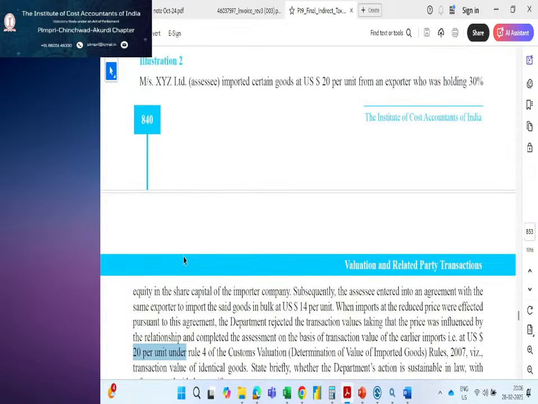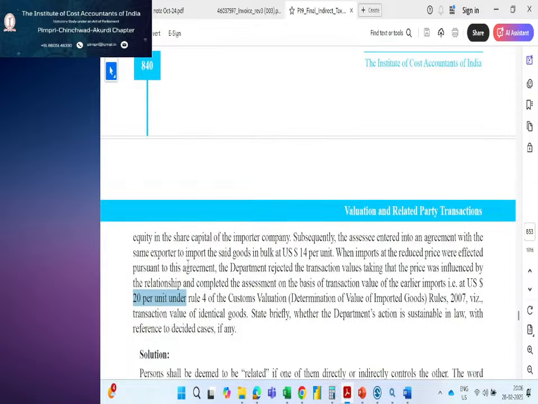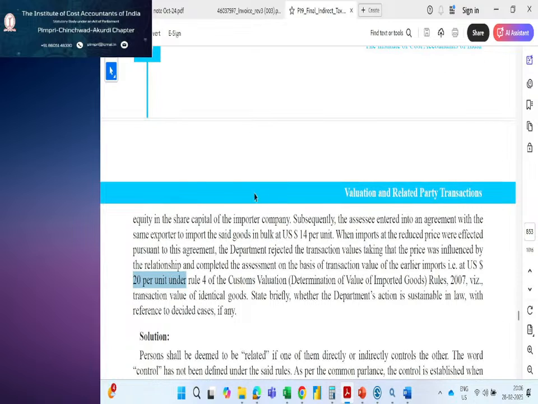So I had an agreement with the import supplier who is in the US. Initially we agreed on $20. Later, when I increased the quantity, they agreed to $14.